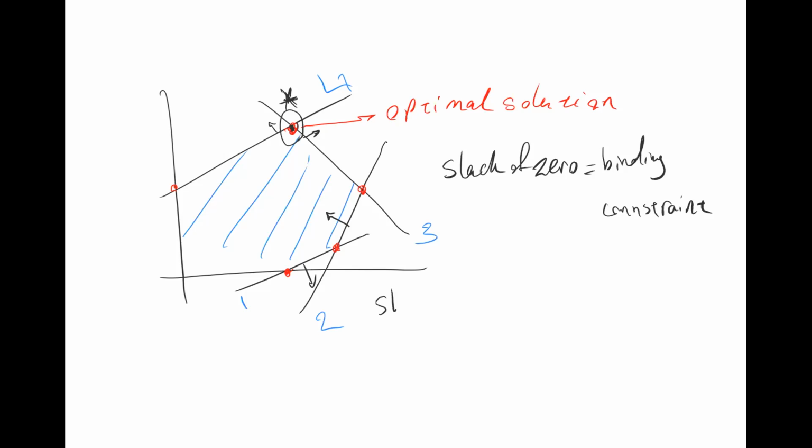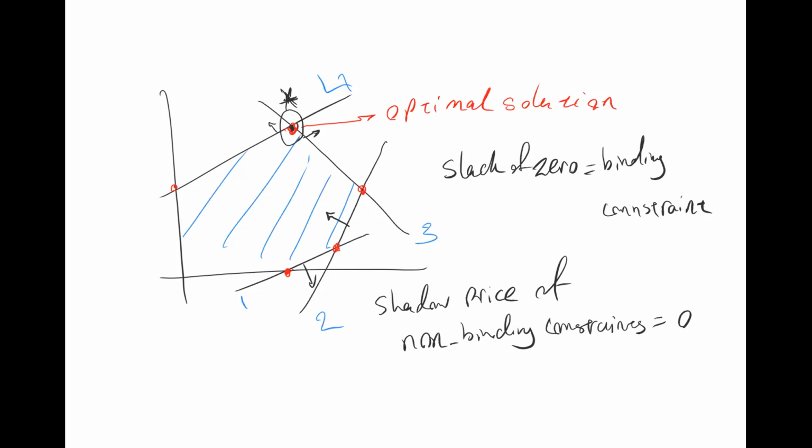So the shadow price of non-binding constraints is 0. As you see, they don't have any effect on the optimal solution.